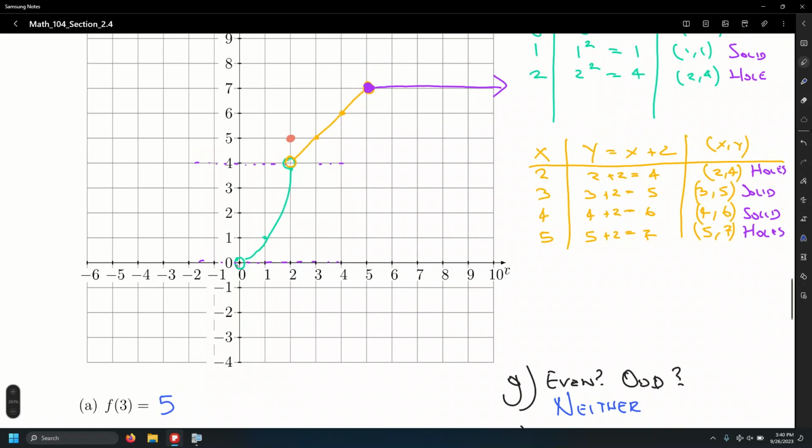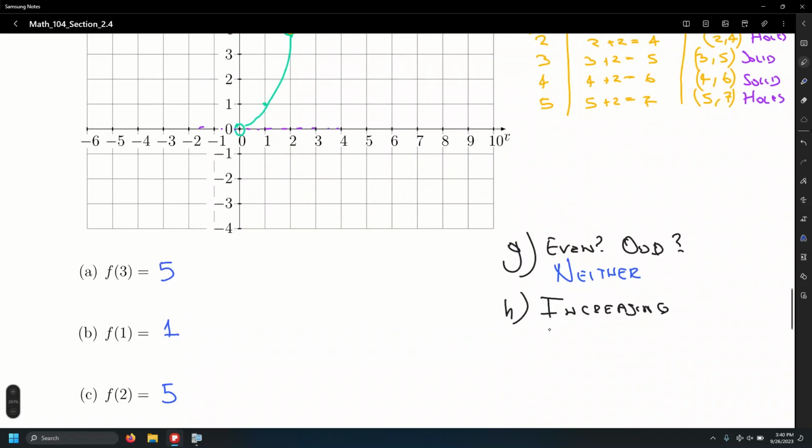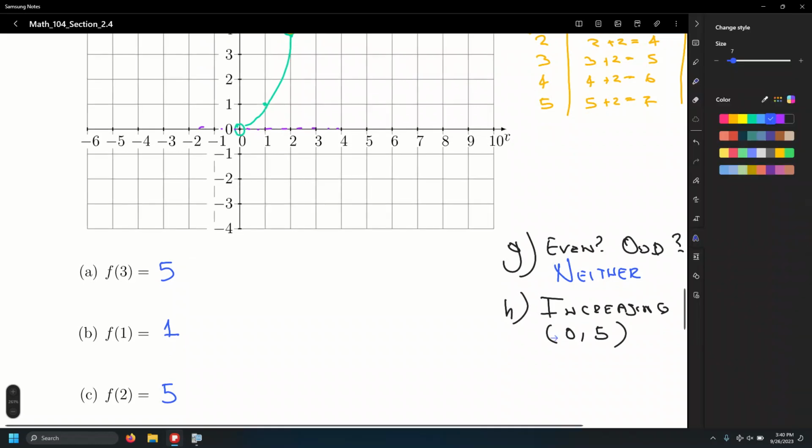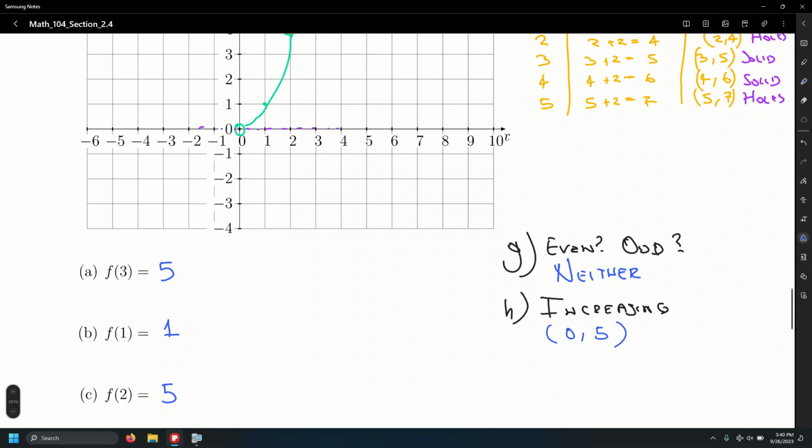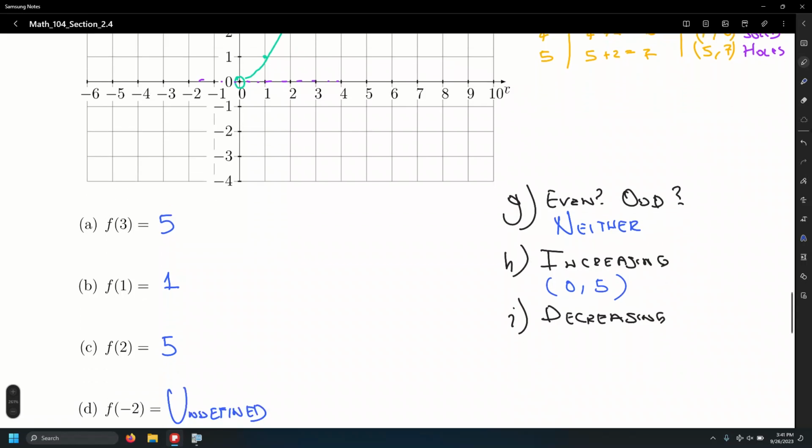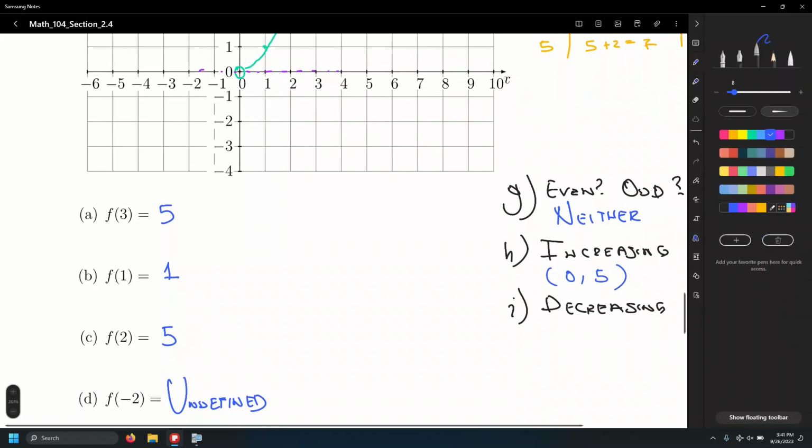Not to 7. So it's in the x direction from 0, and then increases all the way to 5 before it gets flat, right? So 0 to 5. Well, let me change this to blue. Decreasing. Is this graph decreasing at all? No. So in this case, simply NA, not applicable.